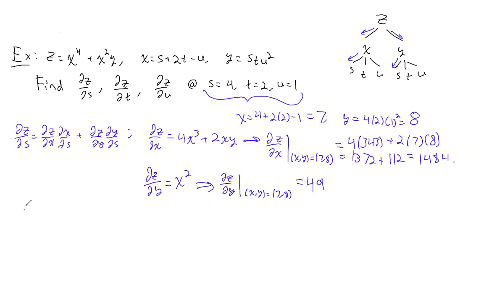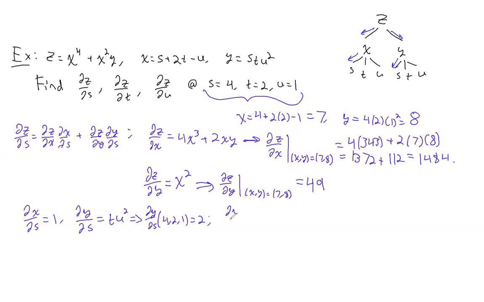Now we also need to know ∂x/∂s. ∂x/∂s is 1. ∂y/∂s is t u squared, or 2 times 1. That's just going to become ∂y/∂s at (4, 2, 1) is equal to 2. For posterity, let's just finish this.